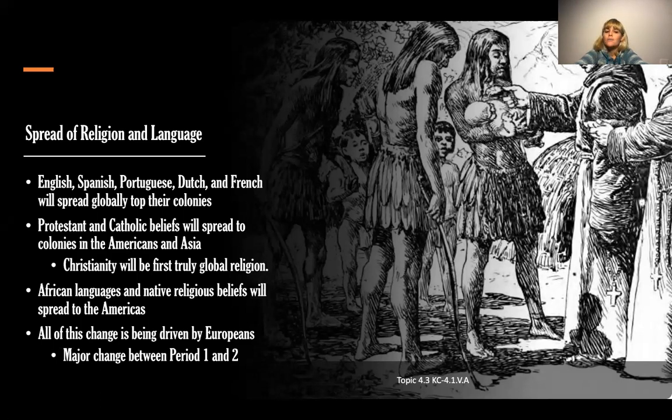So you need to understand that when these European empires are out there colonizing, they're also working hard to spread Christianity. So what you're going to see is that Christianity is actually going to be the first truly global religion. So yes, it is a missionary religion.